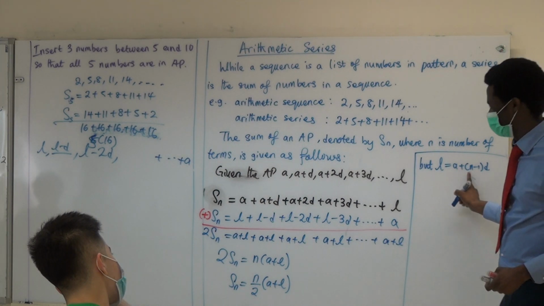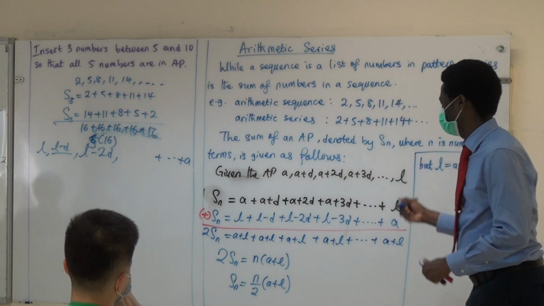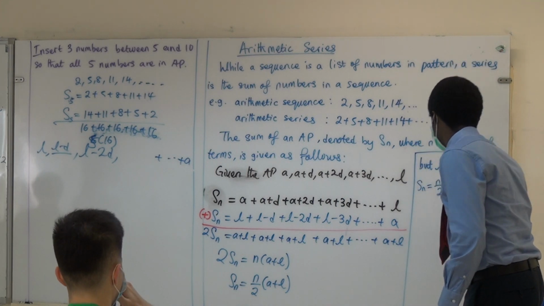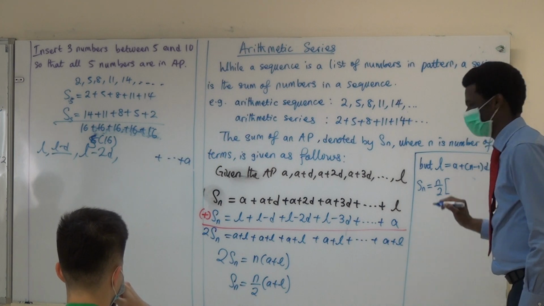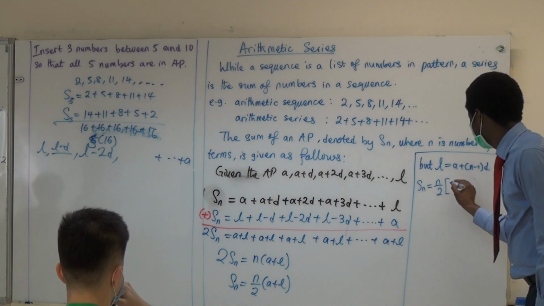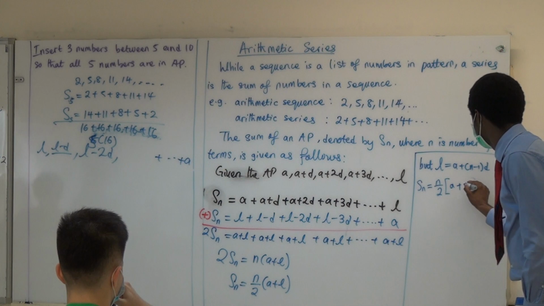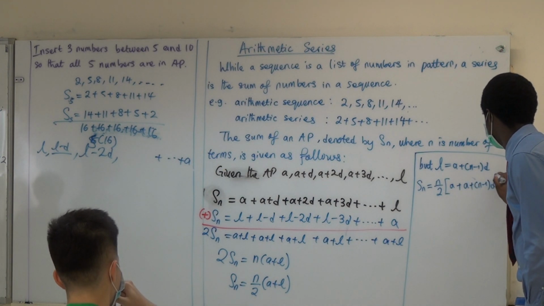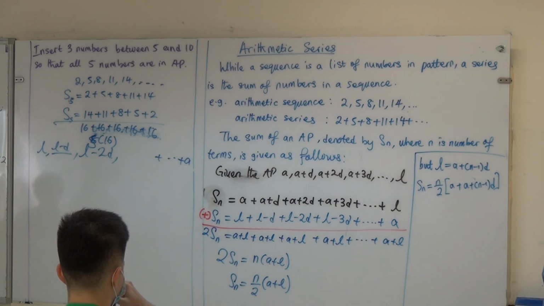Why is this important? Let's put it back here now. Then Sn will now be n over 2, because it has its own bracket, so I'm going to use the square bracket. Instead of a plus l, I use a plus (n minus 1)d. Do you agree? Yes.